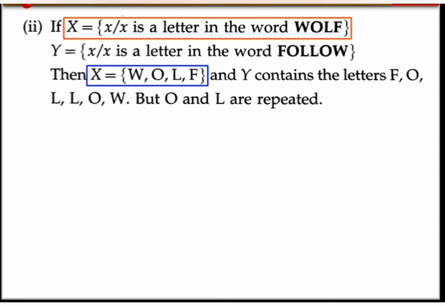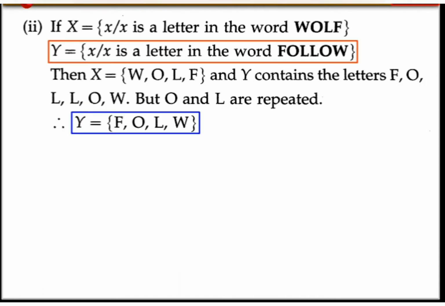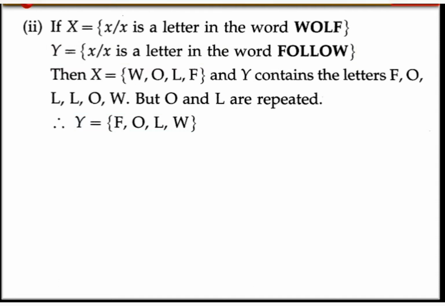Then X is equal to set of W, O, L, F, and Y contains the letters F, O, L, L, O, W. But O and L are repeated. So Y is set of F, O, L, W.